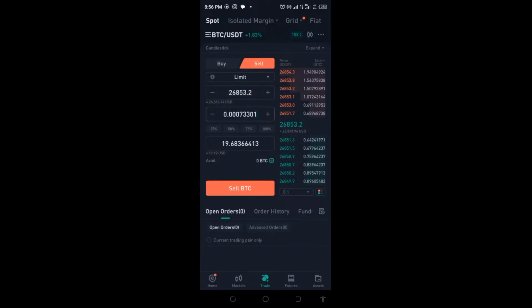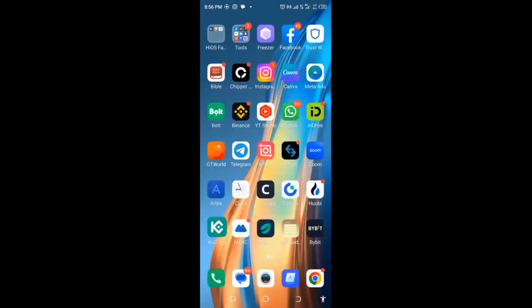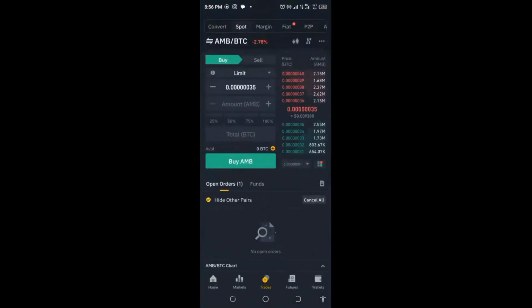Nah, this is 19.68, nowhere near 19.85. So the only option we have is to try and see if we are going to be able to buy the AMB. And if that doesn't work, we'll be forced to sell it back to BTC, and sell the BTC back to USDT.